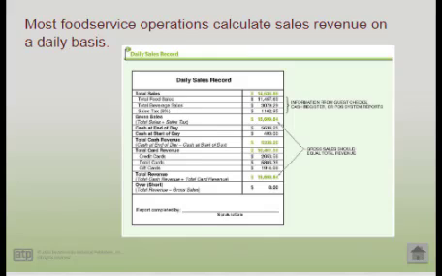The name of the form and the specific information recorded may vary based on the needs of the particular operation, but will contain at least the following basic information: total sales, gross sales, cash at the end of the day, cash at the start of the day, total cash revenue, total card revenue, total revenue, and over or short.